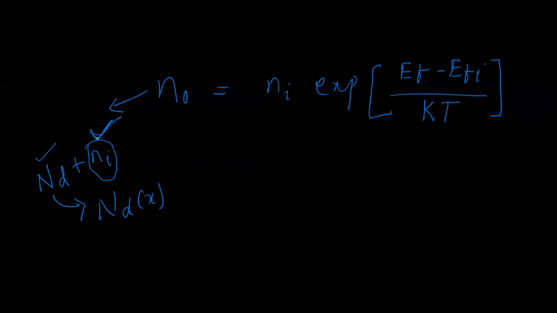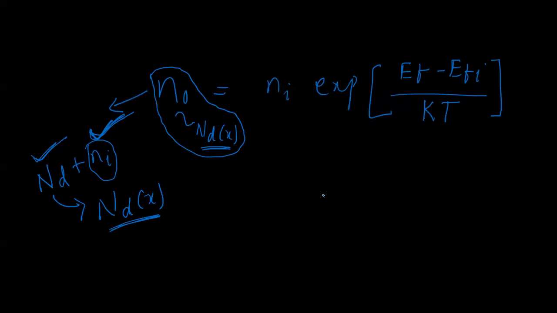So here we ignored the ni value, since it is very small compared to the doped concentration, which varies with respect to x. So n0 is nearly equal to Nd(x), ignoring the ni value. This is why I told you that you need to consider complete ionization, and the donor impurity concentration should be much larger than the intrinsic carrier concentration. Then we can consider this practically.